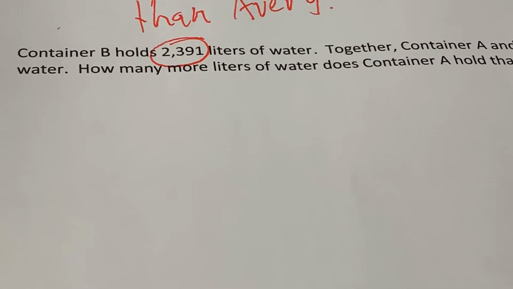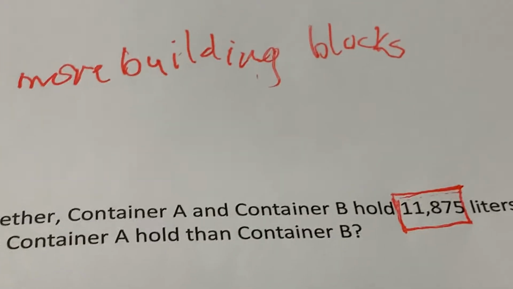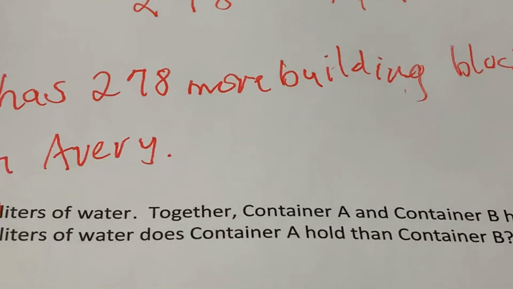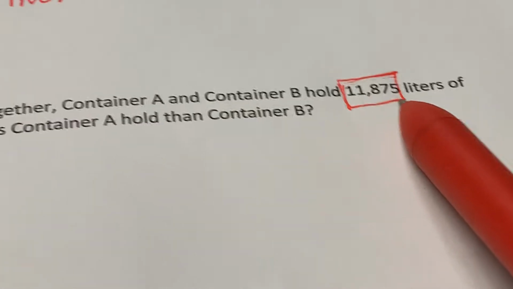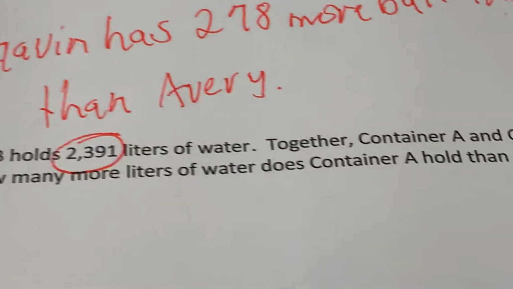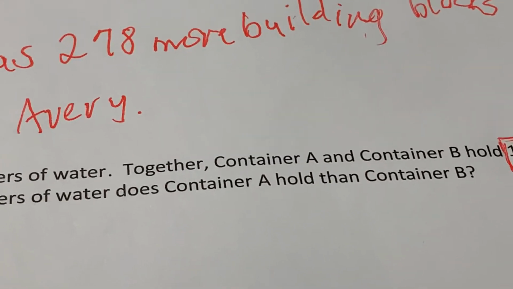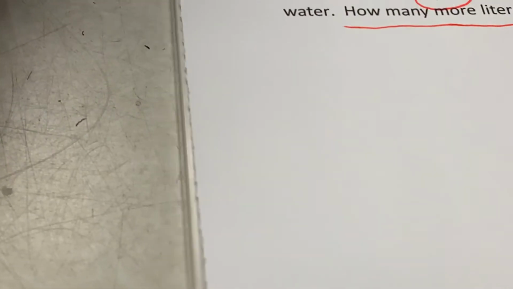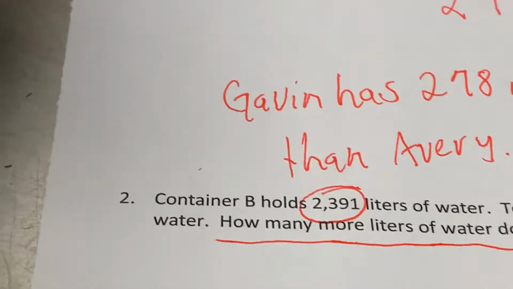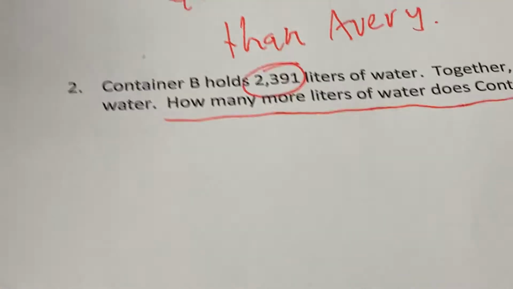Okay, so I'm going to box this amount as well because it tells me together that A and B combined will equal 11,875 liters of water. Now, my question, how many more liters of water does container A hold than container B? Now, I'm going to underline that question.